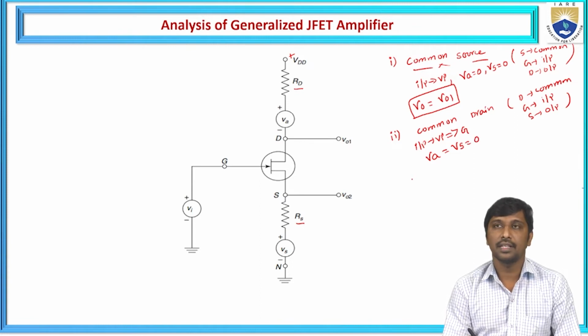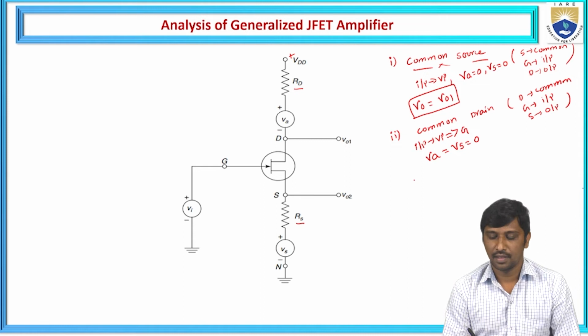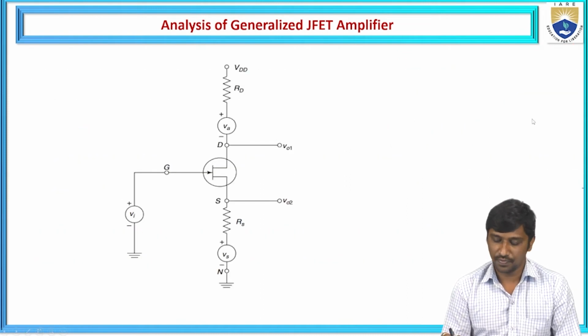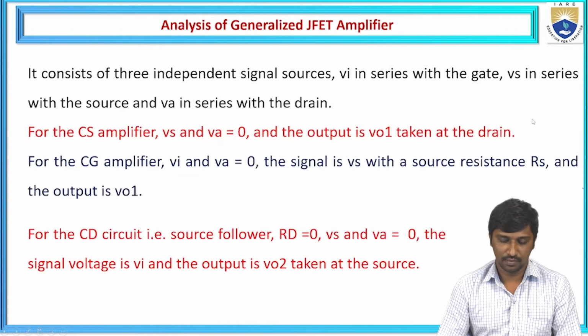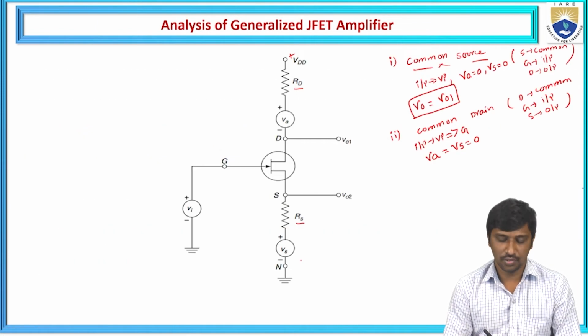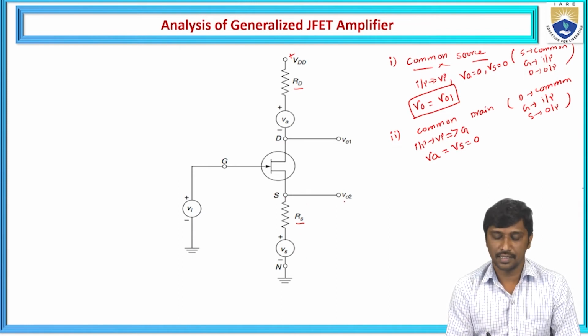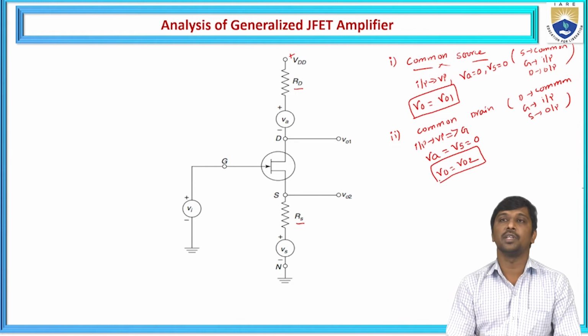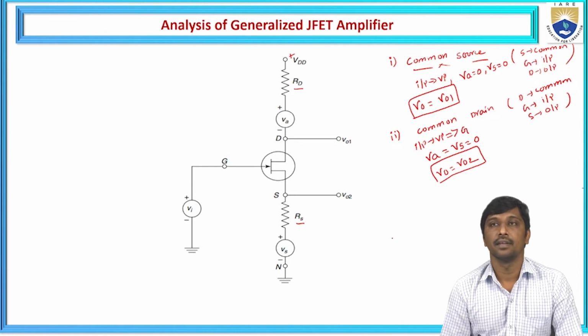But we know that in a common drain amplifier, the output is measured across the source. So across the source it is connected as VO2. Hence, the output we consider as V0 equal to VO2. We need to consider it like this.